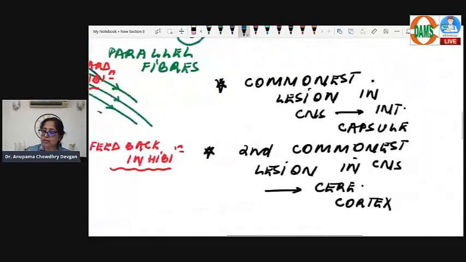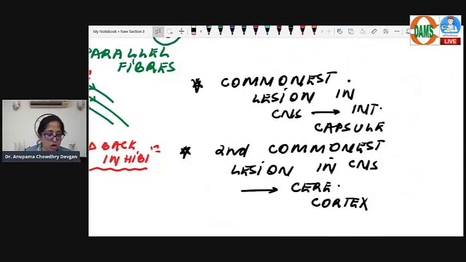Commonest lesion of the CNS, internal capsule. Second commonest lesion of the CNS, cerebellar cortex. Right? Final output will depend upon the relative activity of climbing fiber, mossy fiber, granule cell, basket cell, stellate cell. All of them, it depends upon which one is more active. Have you understood? Okay?